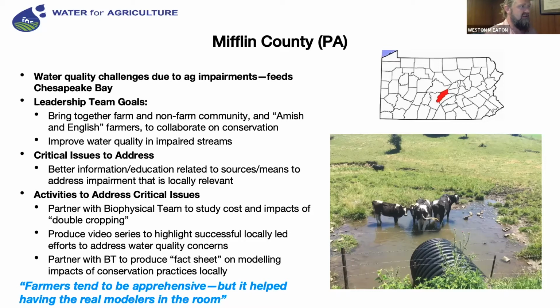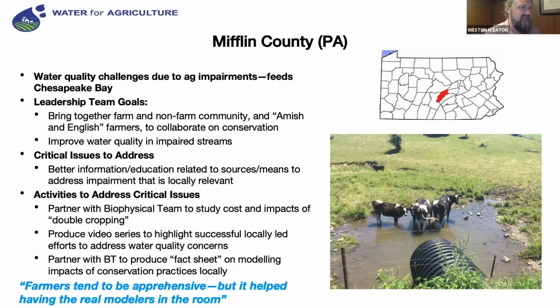So we brought together a group of professional and agency and farmer, large-scale and small-scale farmers, got them comfortable coming together and being together, and helped them by showing them interviews we did with stakeholders in the area, have them discuss what are the issues and challenges and what might they like to work on together if we can support them in it. You can see some of the issues that came up. They wanted some better information and education related to what was causing and what things can be done about impairment locally.